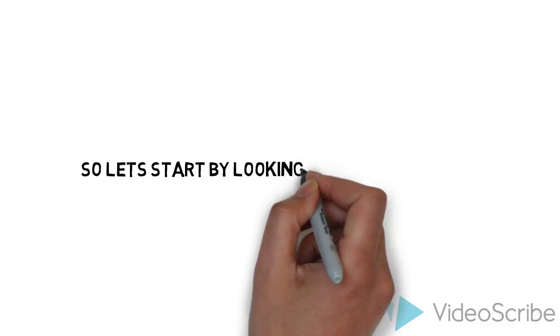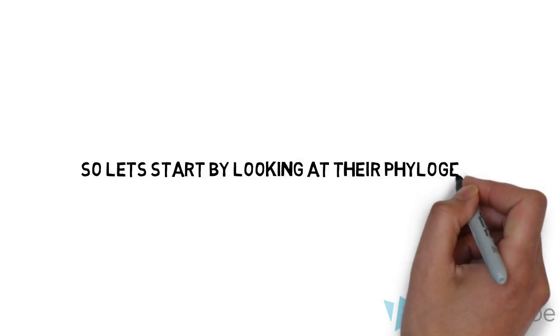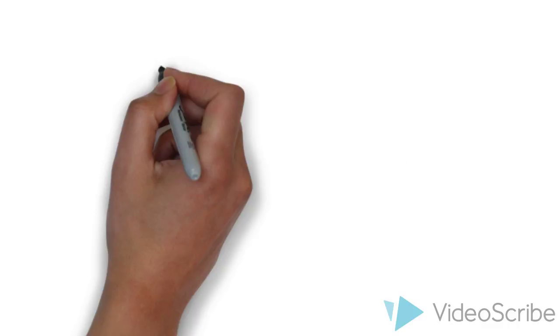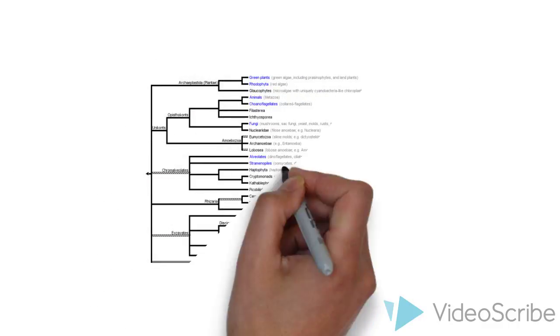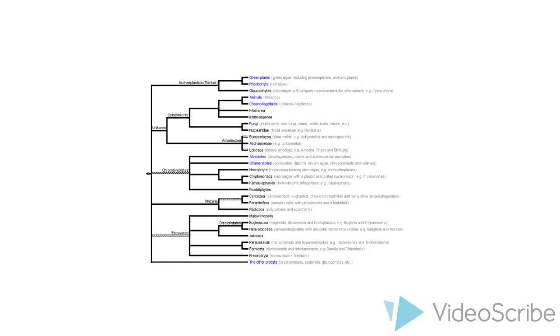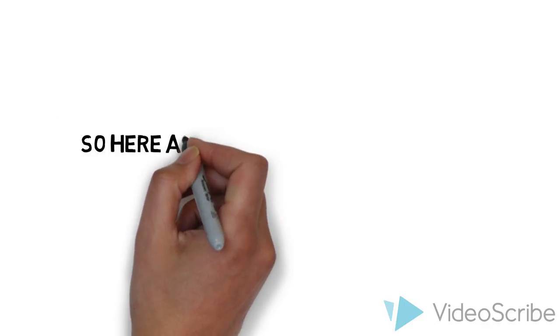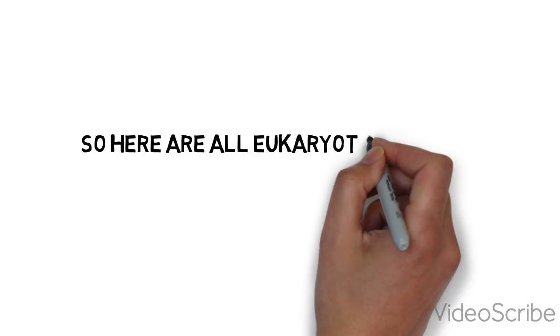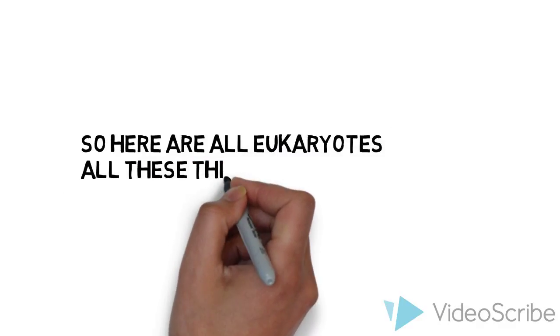So, let us start by looking at their phylogeny. If you take a closer look at the diagram, you would be able to understand how the plants and the organisms traveled forward. Here in the diagram, all are eukaryotes.